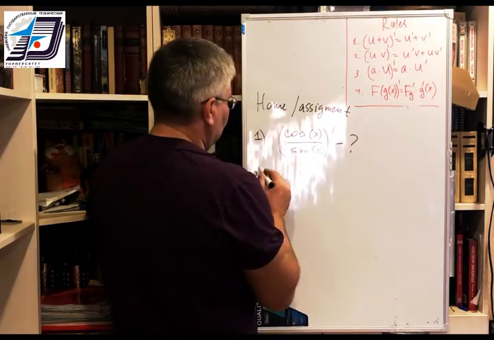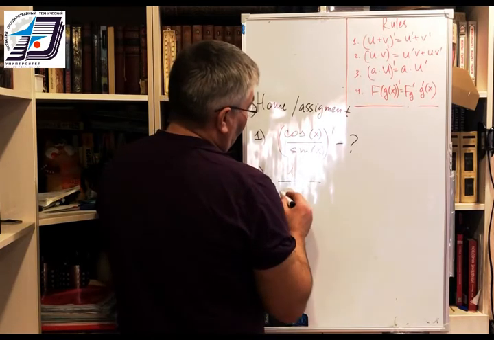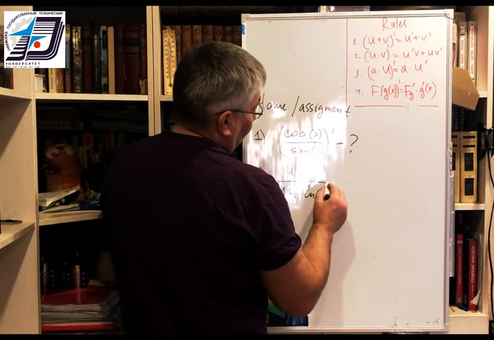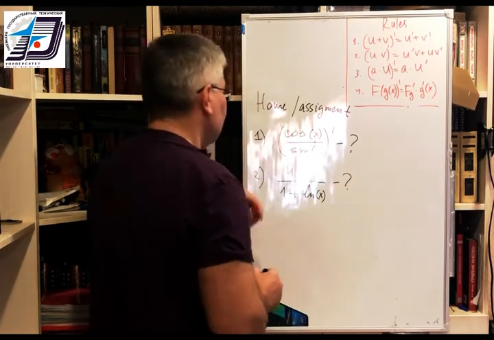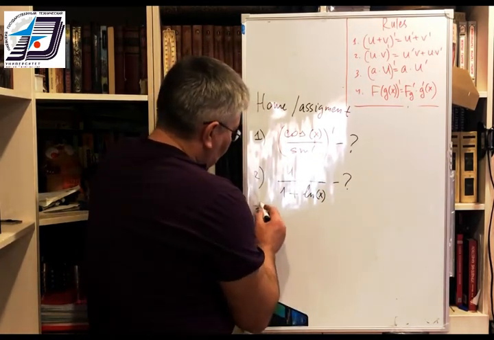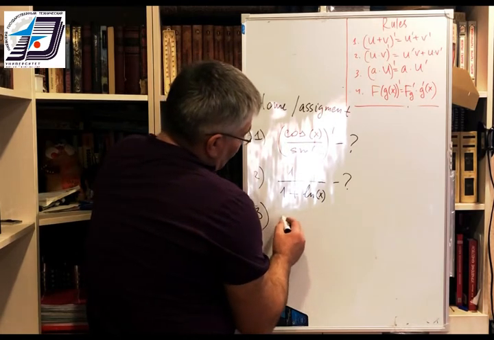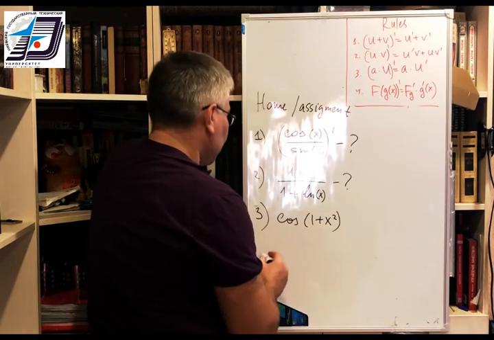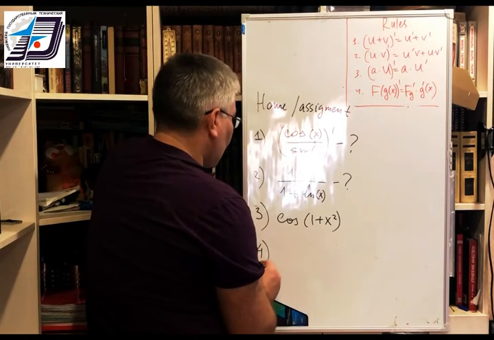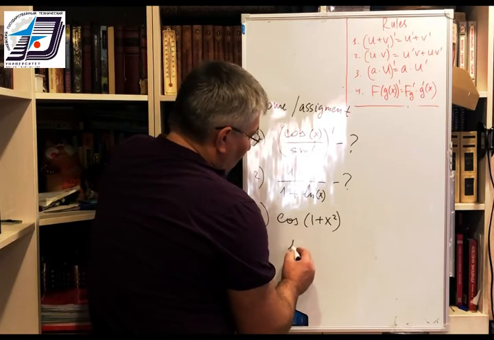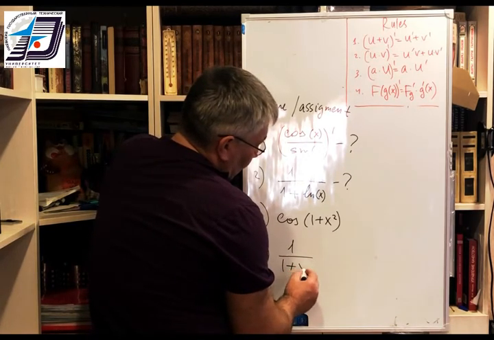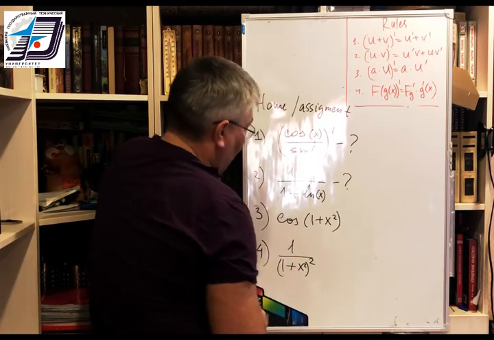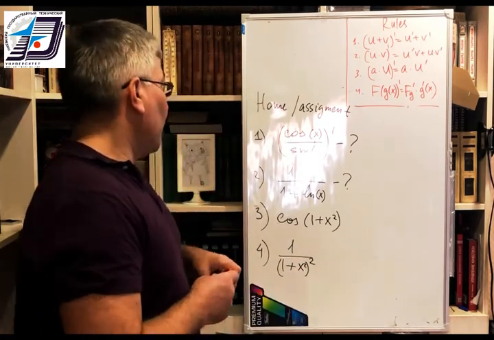Then, 1 over 1 plus ln of x. Then cosine x, cosine of 1 plus x squared, and 1 plus x squared. I think it's enough for a while.